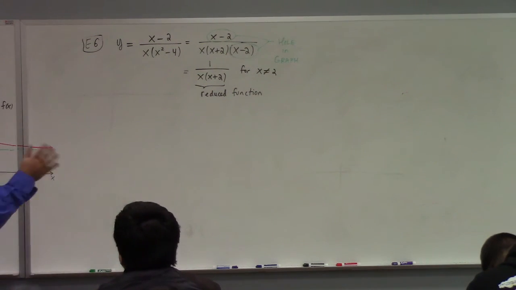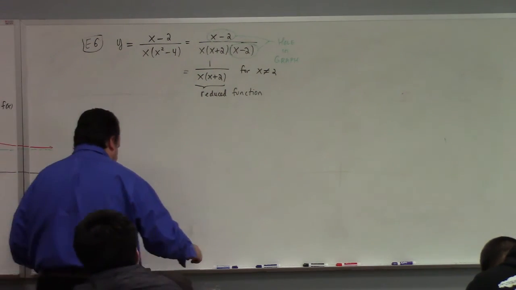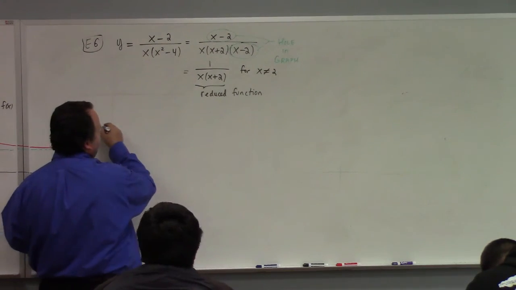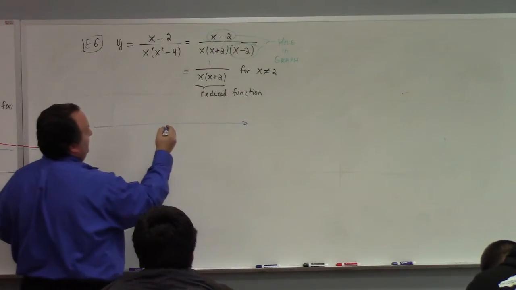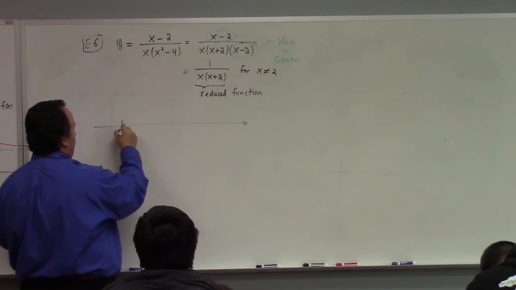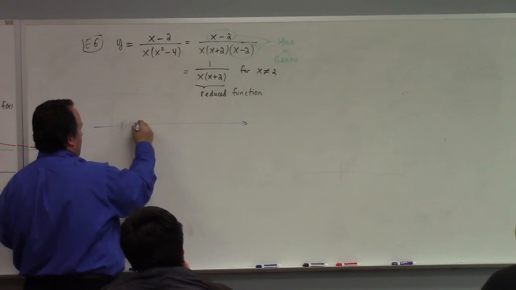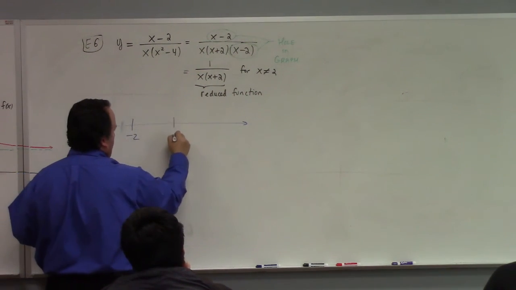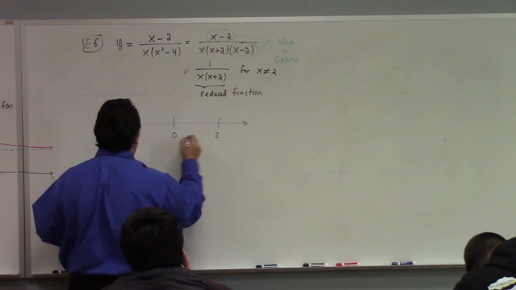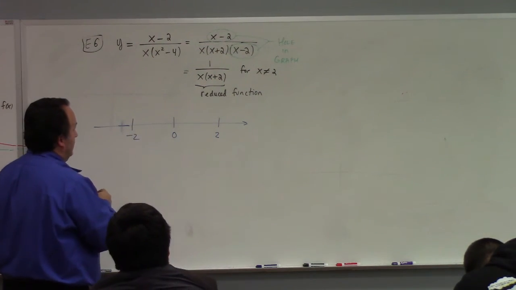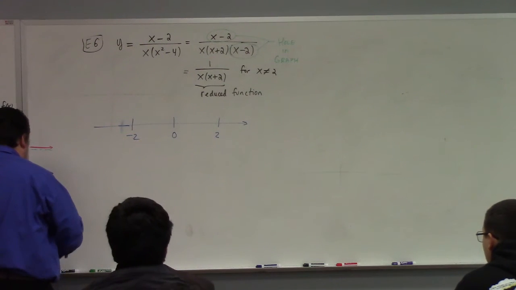All right, so let me go through the usual song and dance here. Make our number line. What are our critical numbers? We've got minus 2, 0, and 2, right? And what happens with that formula?